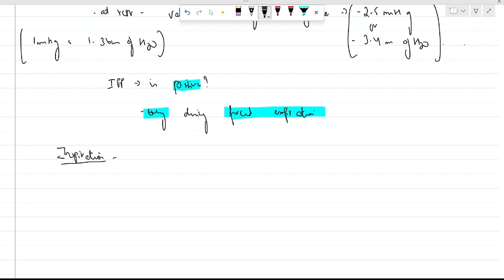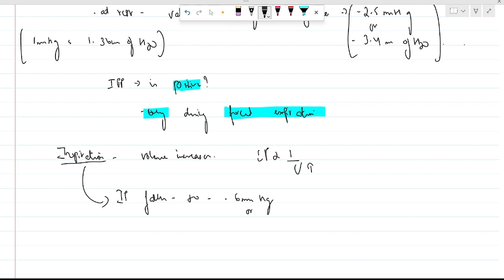We know in inspiration we take in the air and the volume increases. And we know from Boyle's law pressure is inversely proportional to volume. If volume increases, pressure falls. So intrapleural pressure falls during inspiration to minus 6 millimeters of mercury or minus 8 centimeters of water, where 1 millimeter of mercury is 1.36 cm of water.